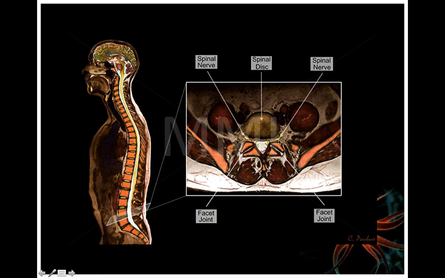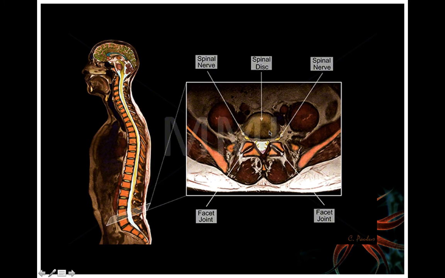The exiting nerve, which you see yellow structure here, again it's black and white, they colored this so you can see it. This would be the L4 nerve that's exiting. The next one is getting ready to exit. So I want you to think of this like a highway. The nerves have to exit, so when they get ready to exit, they will get into what? The exit lane, off to the side.